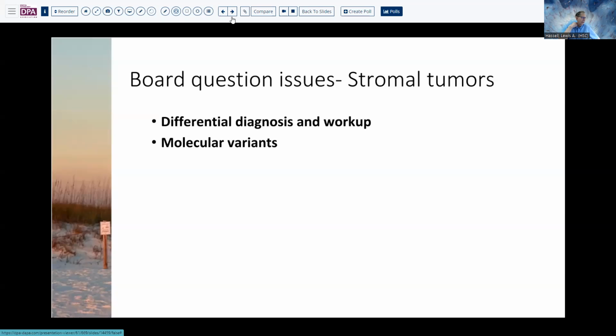And those may play into the role of resistance to certain of the targeted therapies that are used for GI stromal tumor.